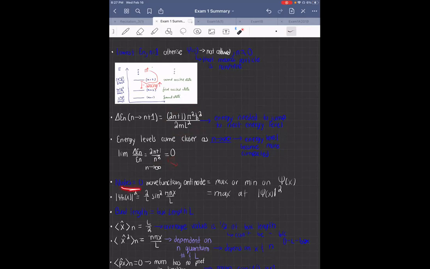And a node is basically when the wave function is equal to 0, and when the probability density is equal to 0. And the antinode is basically the max or minimum on a wave function. So let's say for n equals 1, if it's at a maximum, that's the antinode.